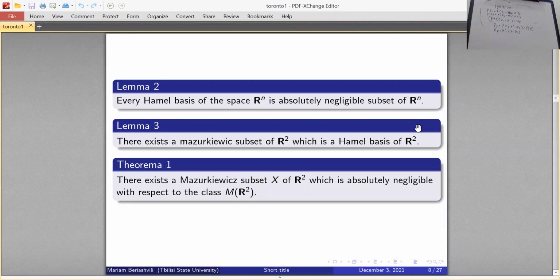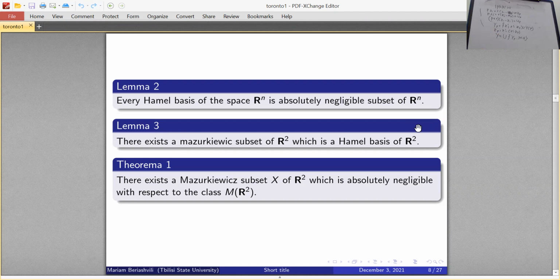And now the last step is to define the set Y, let it be the union of such Y-xi for xi less than alpha. And we can check that it will be simultaneously the Mazurkiewicz set, and simultaneously the Hamel basis.